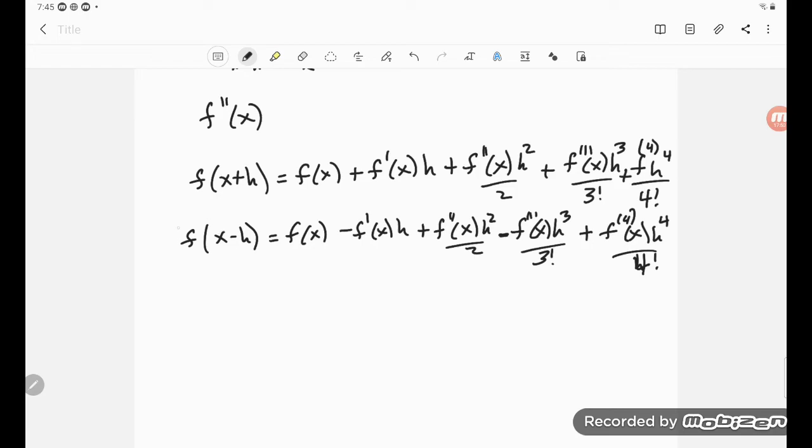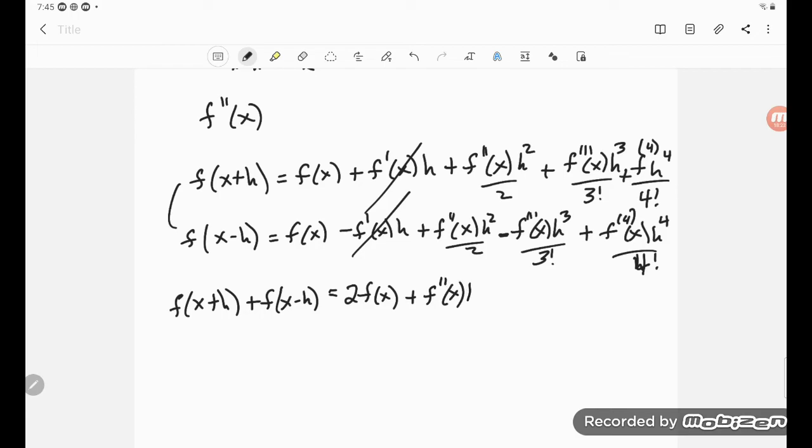Now, notice if I add these two, f of x plus h plus f of x minus h, I'll get 2f of x, and then plus f double prime of x h squared, because those are both over 2.